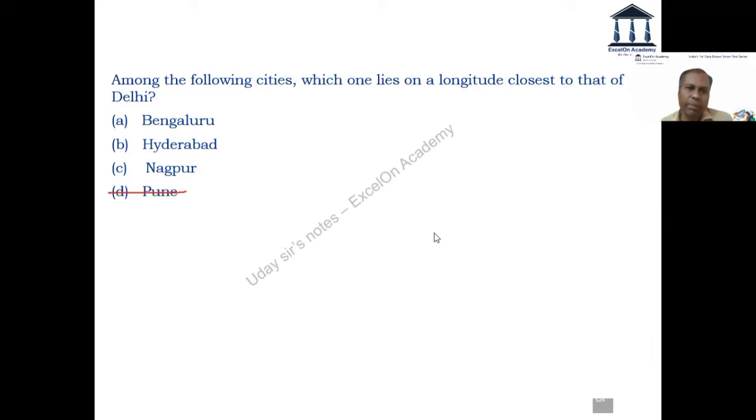I did not look at the map, but based on my residual knowledge, I was able to eliminate Nagpur also. Somewhere I felt Hyderabad is closest in longitude to Delhi, but the answer happens to be Bangalore. I was not prepared for it honestly, because I felt that Bengaluru is something which cannot be it.